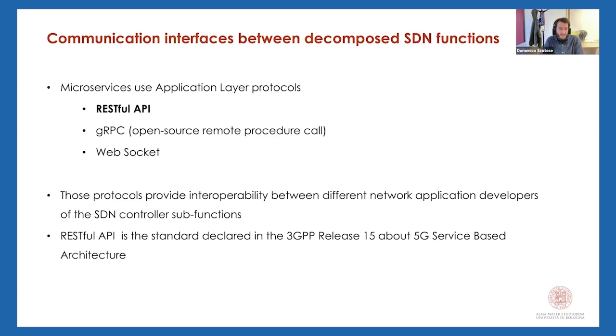RESTful API, because it's standard in the 3GPP service-based architecture. So 3GPP Release 15. Okay, but we also tested other network protocols, let's say gRPC, that is Google RPC, an open source network protocol, and also WebSocket.